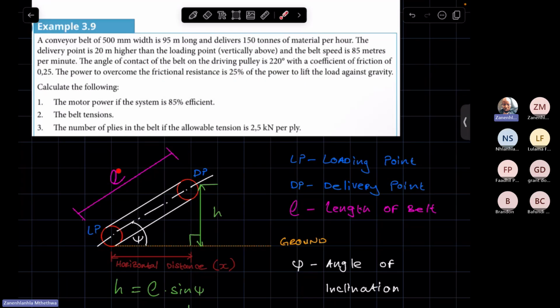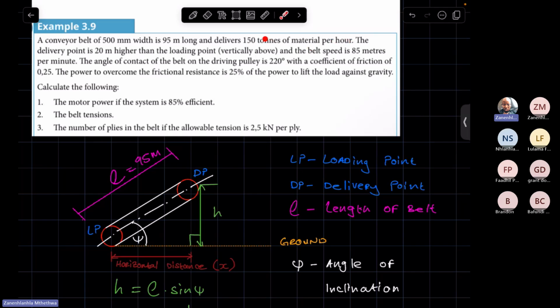So they gave us L, 95 meters, and it delivers 150 tons of material per hour.